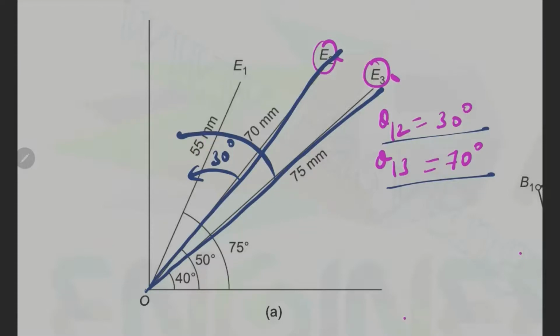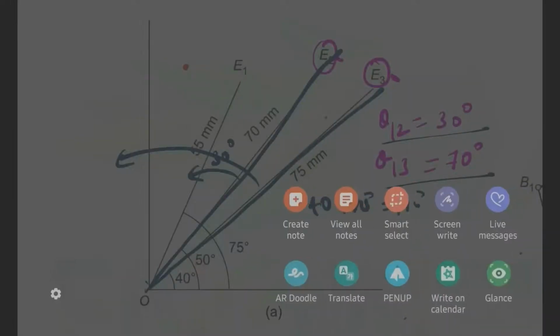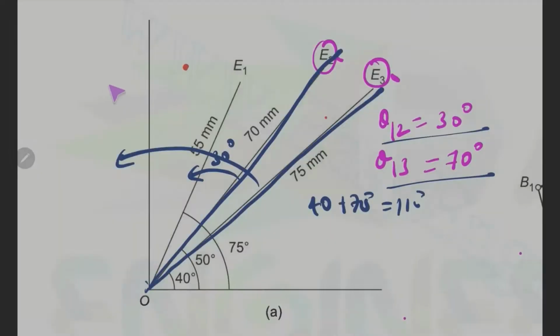If we add 40 degrees plus 70 degrees, it will be 110 degrees, that is obtuse, so it will be somewhere around here. The new positions of the points E2 and E3 will be around 50 plus 30, that is 80 degrees. E2 will be somewhere over here with the same radial distance, and E3 will be somewhere over here, let us say E3 dash and E2 dash.